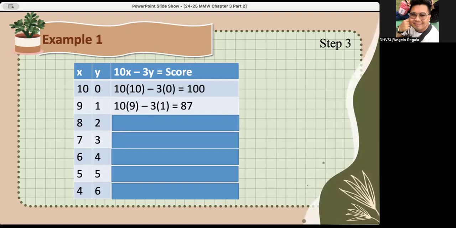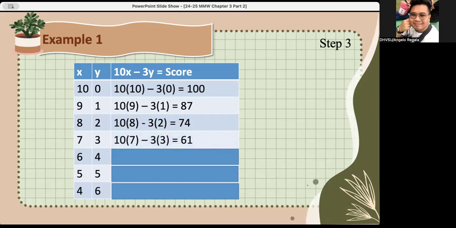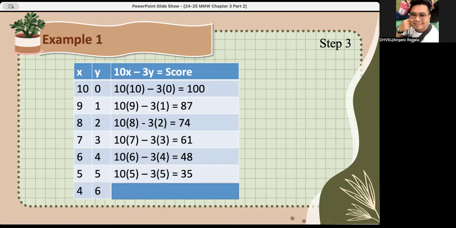If Joshua has two mistakes, his score is 74. If he has 7 correct and 3 mistakes, his score is 61. If 6 correct answers and 4 mistakes, 48. If he has 5 correct and 5 wrong, 35. Then 4 correct answers and 6 incorrect, we have 22.